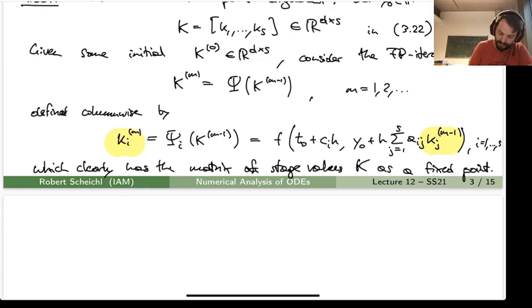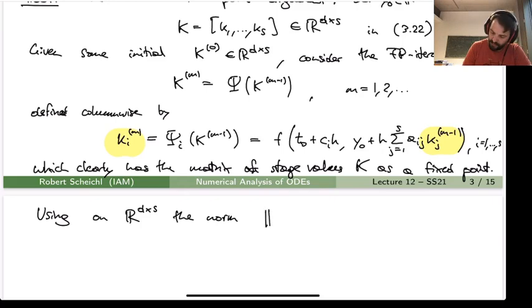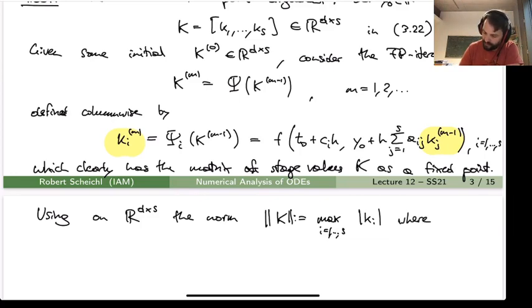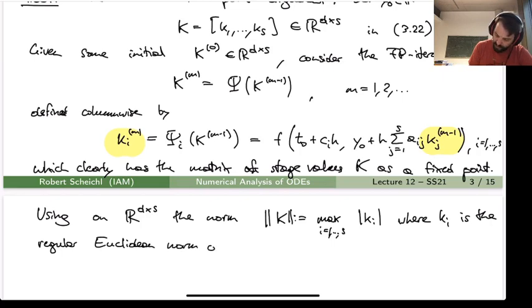Using a certain norm to define the ball and distances on R^d cross S, the norm defined by the maximum over i equals 1 to S of the norm of Ki, where Ki is a vector norm, namely the regular Euclidean norm on R^d.